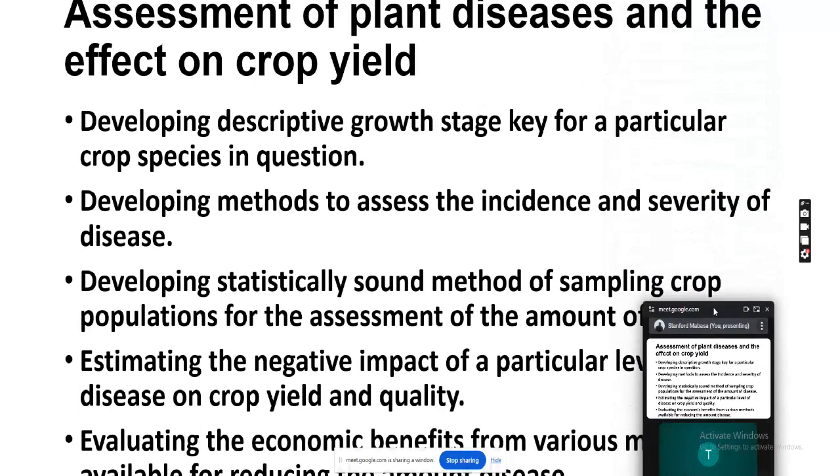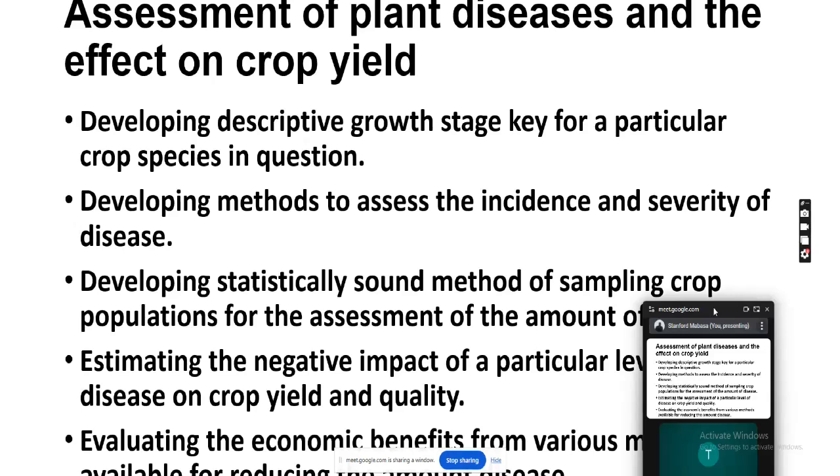Assessment of plant diseases and effect on crop yield. Developing a descriptive growth stage key for a particular crop species in question. So for various crops, we have got certain keys in terms of disease infestation, which can actually give us an idea about crop yield loss.